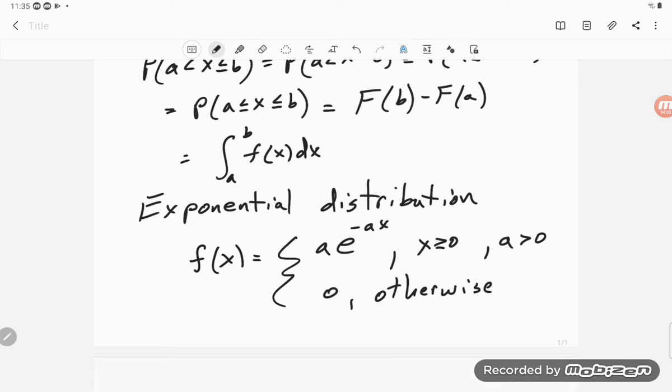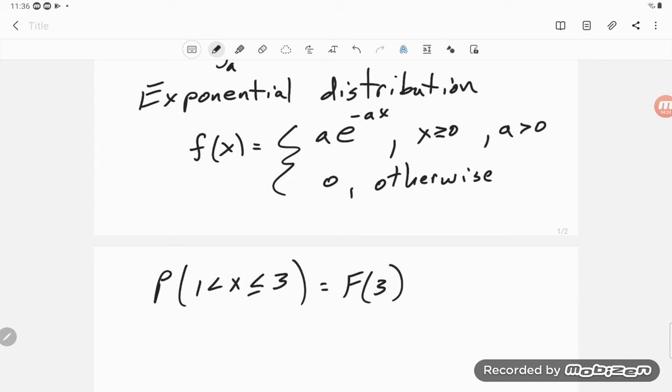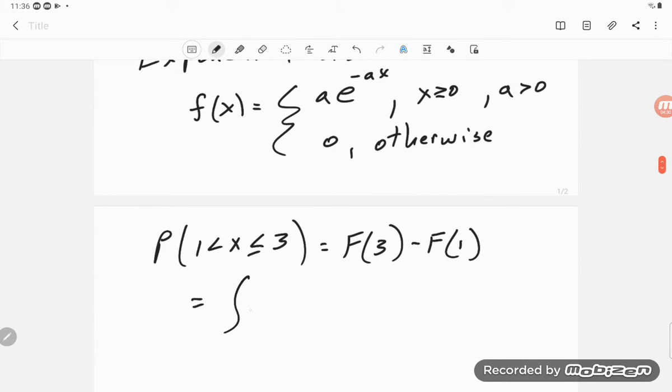Okay, so that is the exponential distribution. And so, if I wanted the probability that, say, 1 is less than x is less than 3, or even less than or equal to, we would want F of 3 minus F of 1. But again, by the fundamental theorem of calculus, that's just the integral from 1 to 3 of a e to the minus ax dx, because that's little f of x. And I would get that.